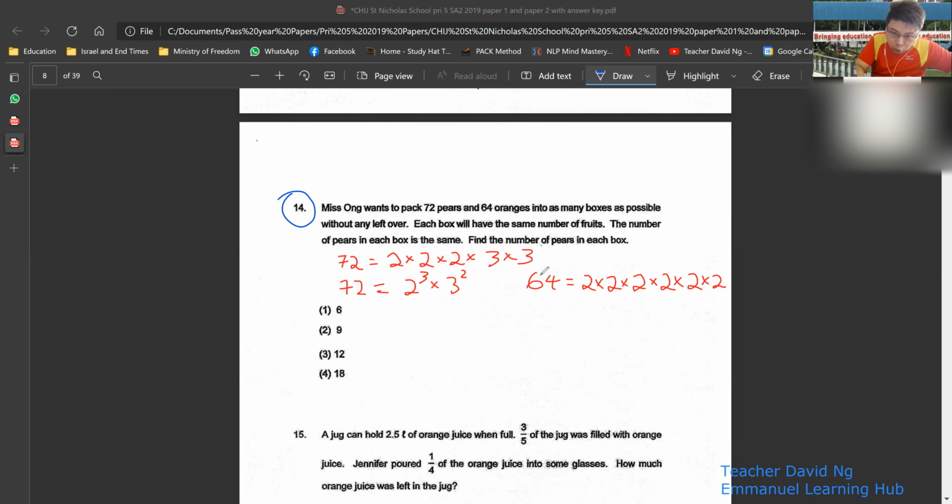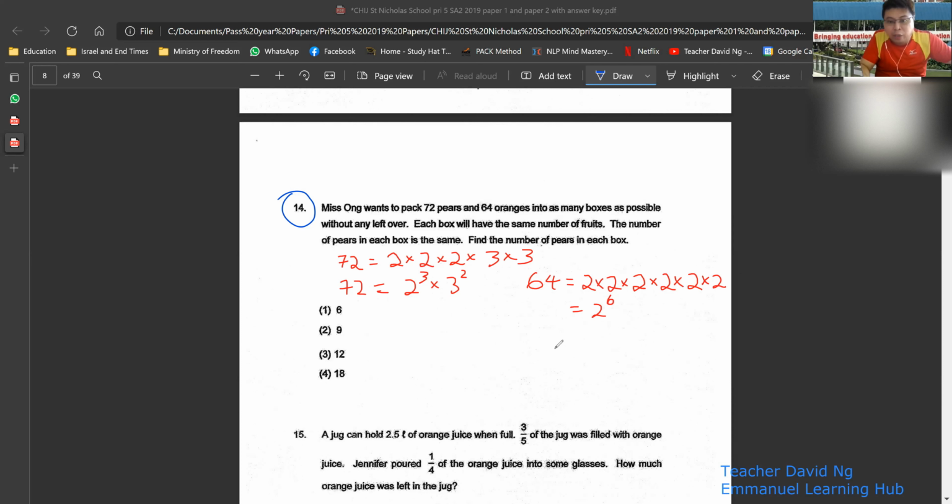Simple. Keep dividing by 2 until you get 1. So I divide by 2 how many times? 6 times. So 2 to the power of 6 is 64. This part you understand, no?